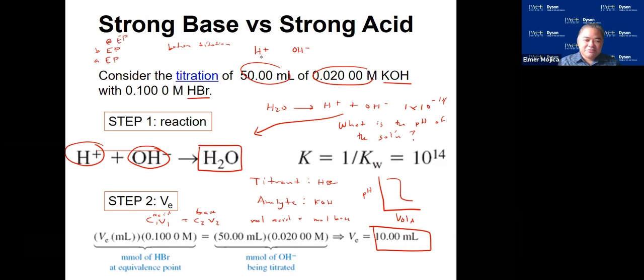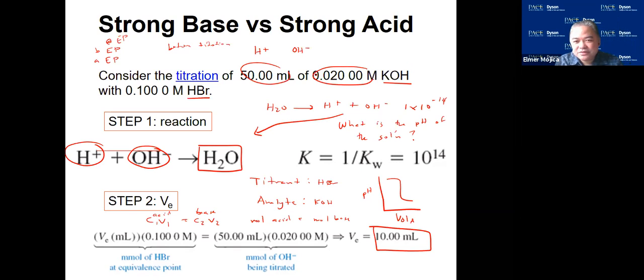Yep, but exactly what would be the pH? Anyone can give me exactly what the pH is? Okay, it's 12.3. Because initially, what do you have?